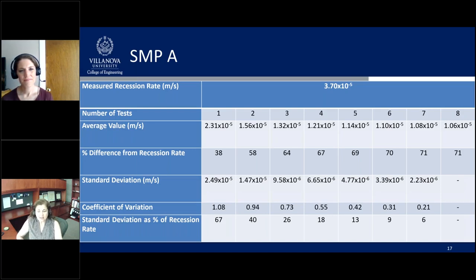However, one of the things that you start to see is that the standard deviation as a percentage of the recession rate does get less and less as we move across with the increasing number of measurements. So even though we're moving somewhat further away from what the quote unquote true measured recession rate is, we're seeing less variability as we perform more and more tests.